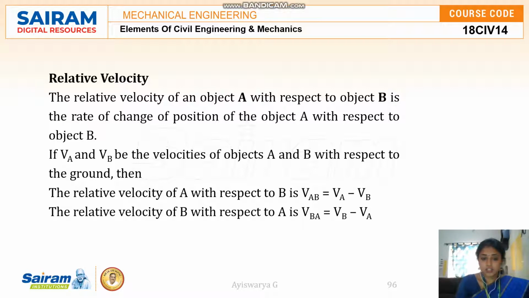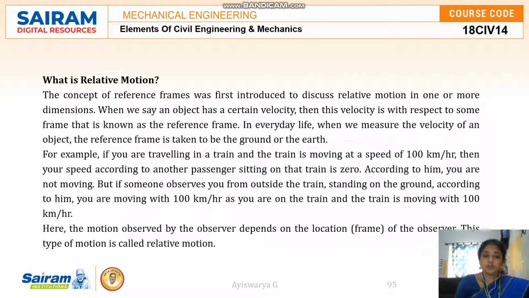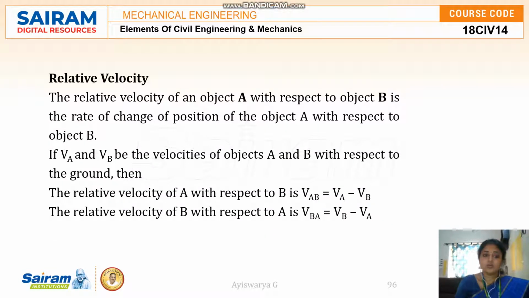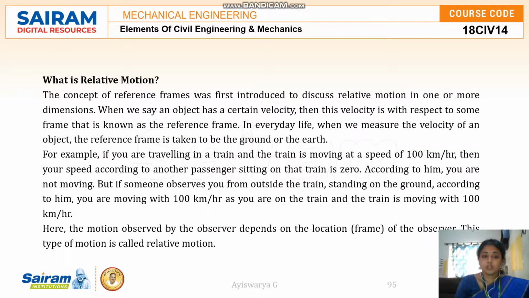The relative velocity of B with respect to A is V suffix BA, that is VB minus VA. You have to note down those two formulas for finding the relative motion and relative velocity. So we know that relative motion means it is calculated with respect to a reference axis.